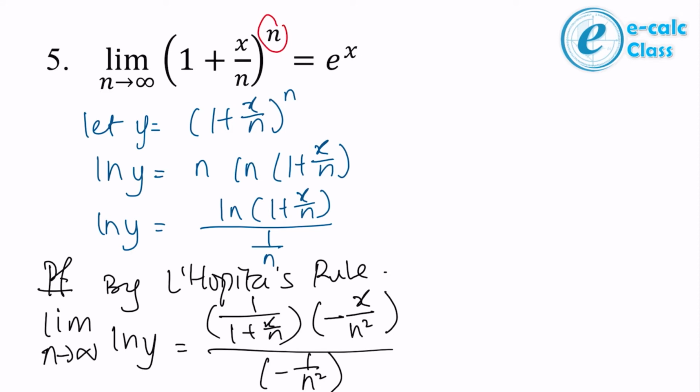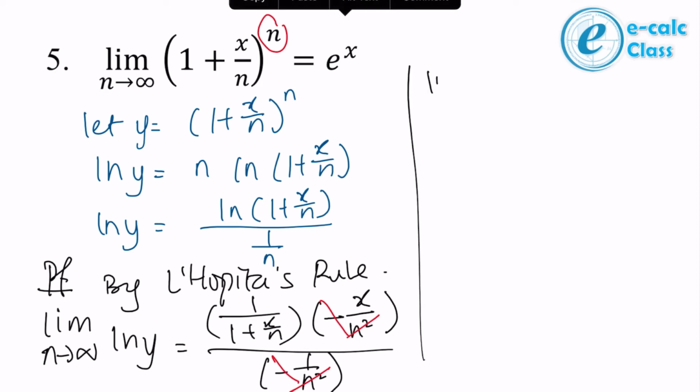The n squared cancel, and the negatives cancel. So the limit as n approaches infinity of ln y is x over 1 plus x over n.